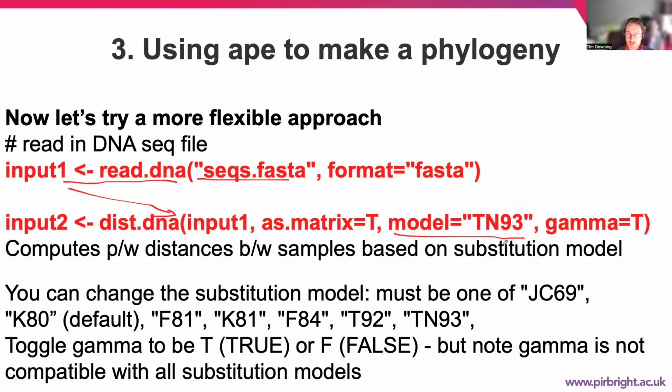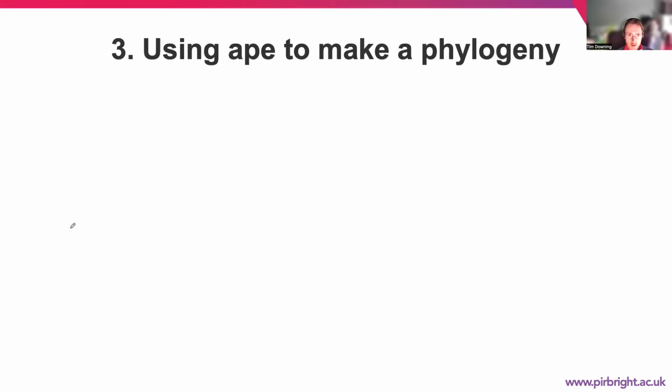You can change that to different substitution models: JC69, K80, F81, K81, F84, T92. You can also toggle gamma to be true or false, though generally speaking, it's probably better to leave it as true. We're going to put those DNA distances into input 2 and construct a tree from that.